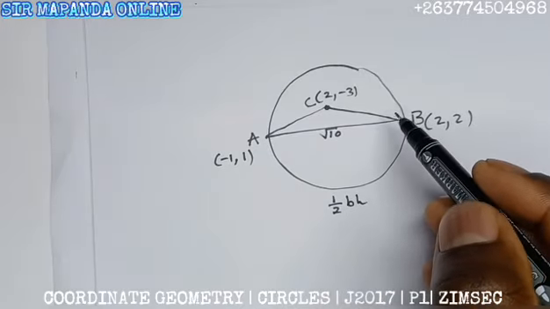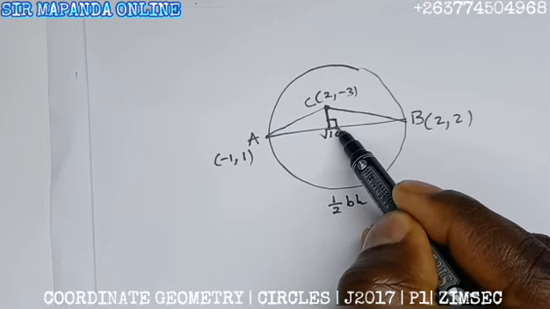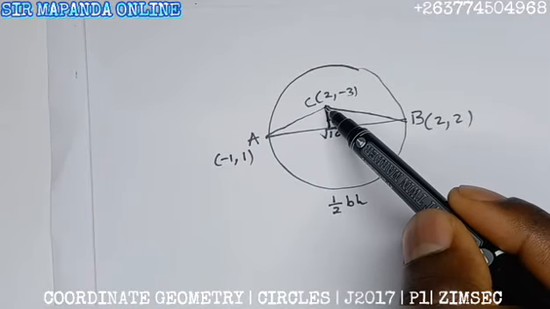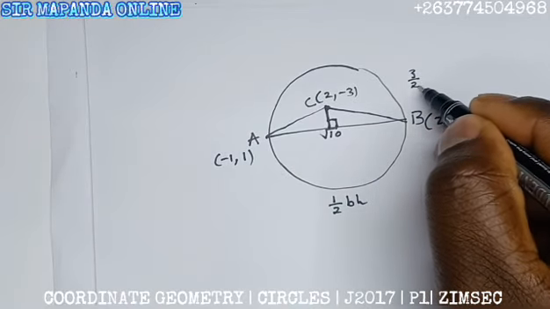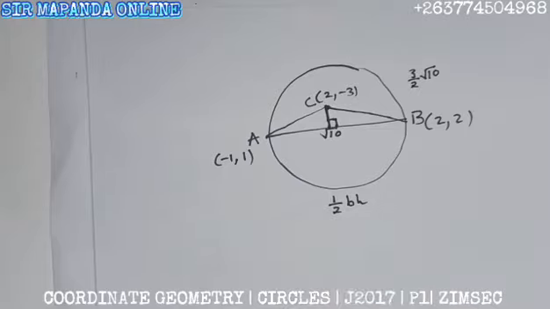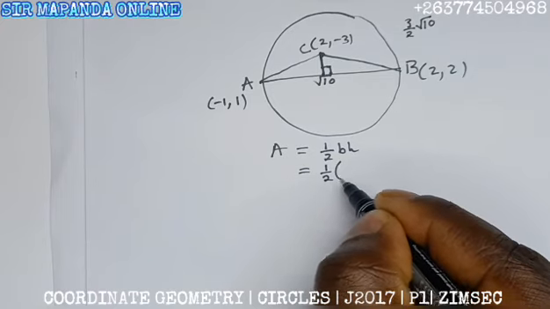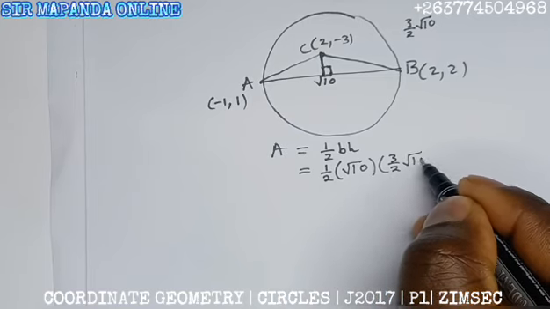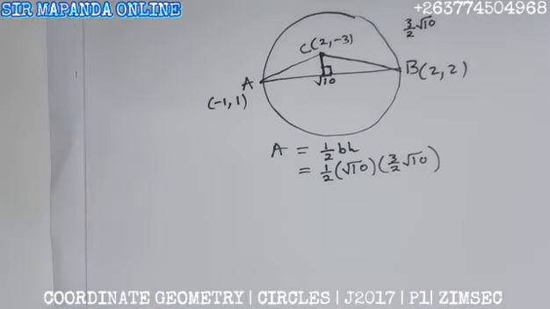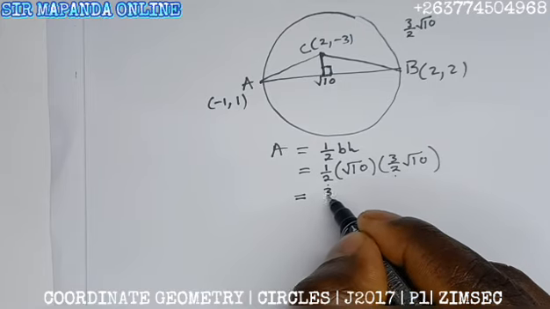So the height of the triangle is the distance which was calculated in part C, the distance of the perpendicular from the center to the line. And that distance is 3 over 2 root 10. So I'm going to substitute in the area formula. You get half. On base, you put root 10. Then on the height, you put 3 over 2 root 10, the distance of the perpendicular from the center calculated in part C. So half times 3 over 2, you get 3 over 4.